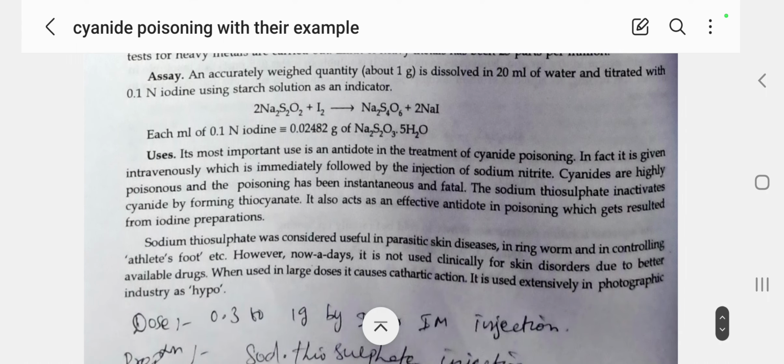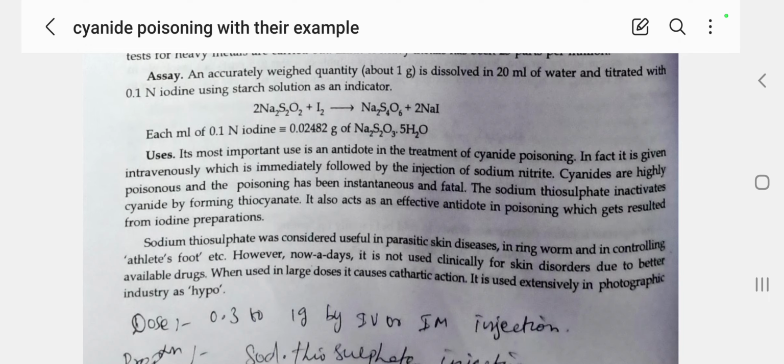Its most important use is as an antidote in the treatment of cyanide poisoning. Like sodium nitrite, sodium thiosulphate is also used, and both are used for cyanide poisoning.